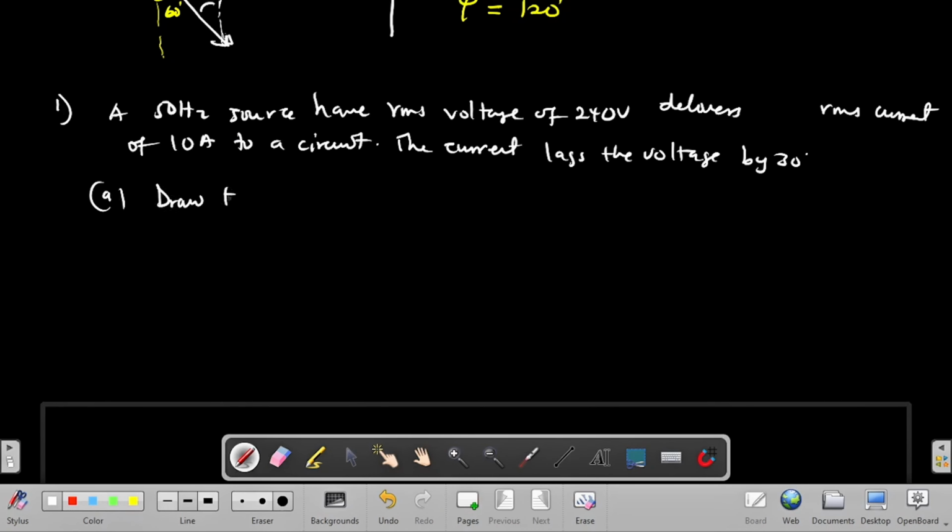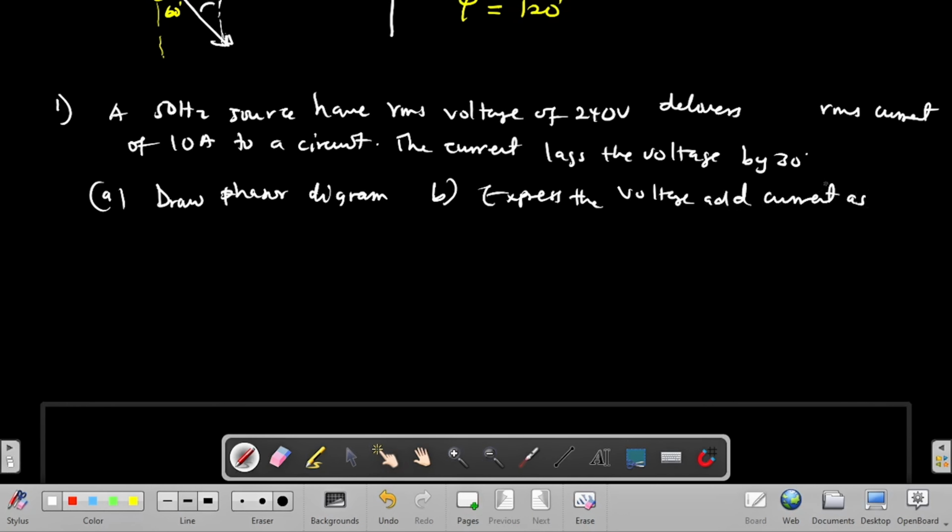A. Draw the phasor diagram. Then B. Express the voltage and current as functions of time. So this is a nice problem here.